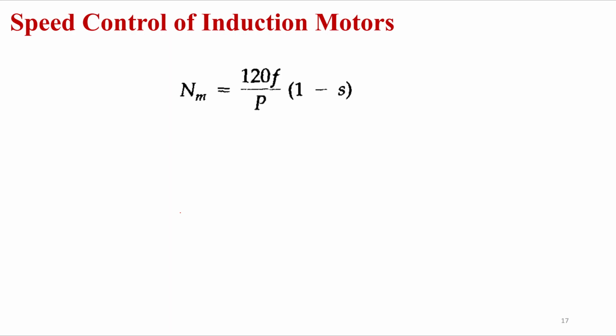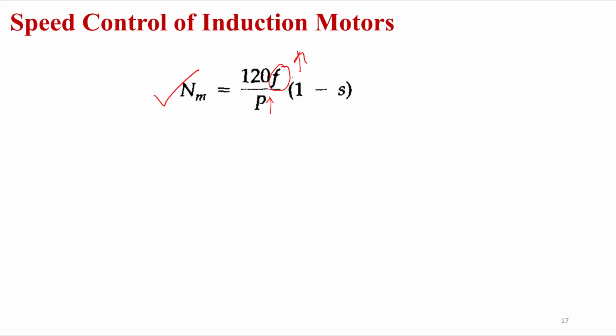So how can we control it? This is the expression for the speed, 120f by P into (1 minus S). On what does the speed depend? One is the frequency, right? If we increase the frequency with a constant number of poles, then you can get increased speed.